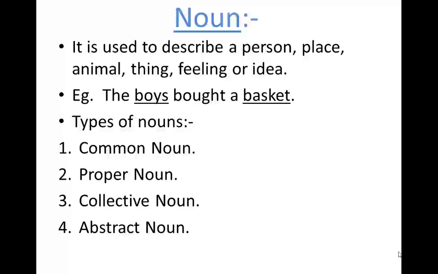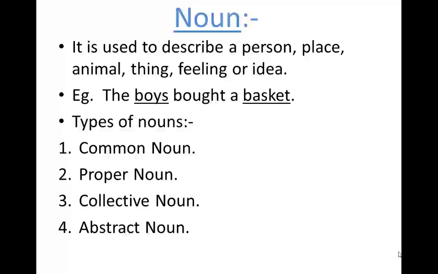Now nouns are further divided into these types: common noun, proper noun, collective noun, abstract noun. These are the words that you must have heard already and studied about. What is a common noun? Common noun is a name of any person, place or thing.